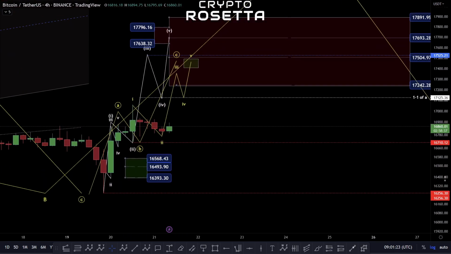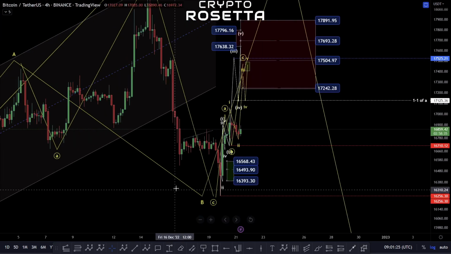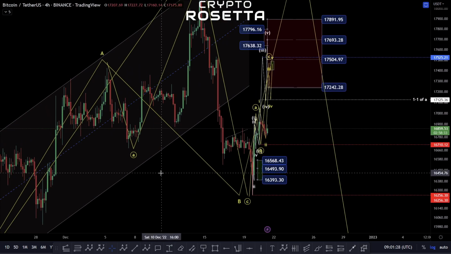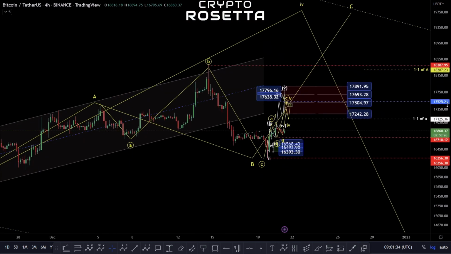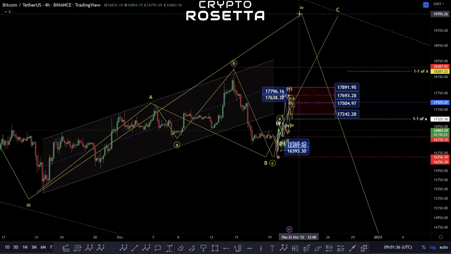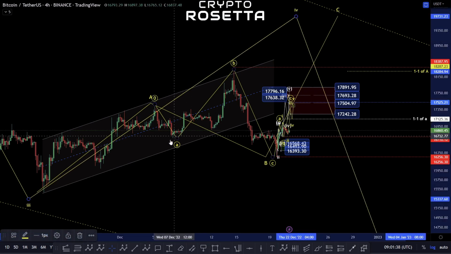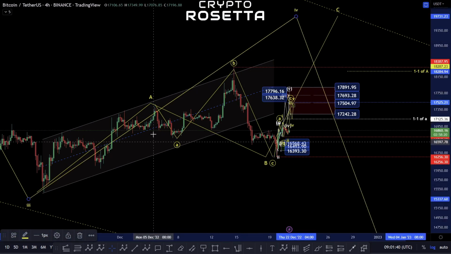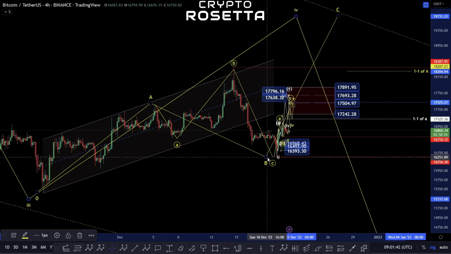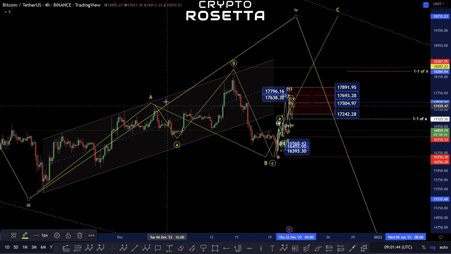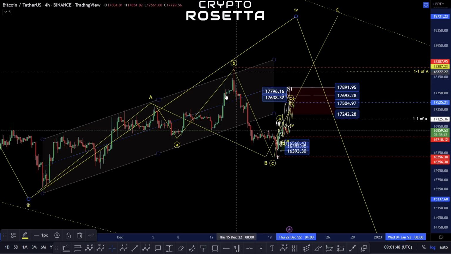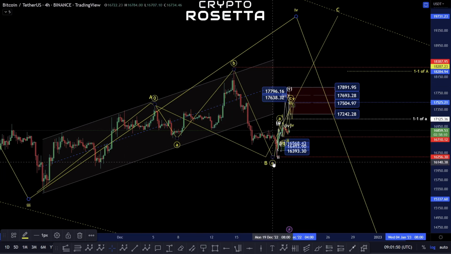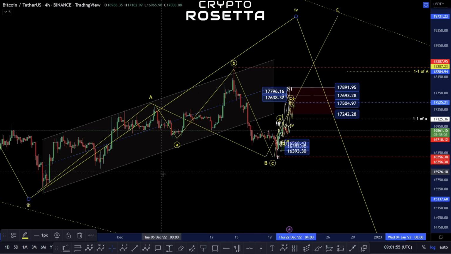So with that being said, we have to just bear in mind that, like I've said before in the previous video, there is potential that we could set up a C wave to the upside here, and we're still within this fourth wave. It's not very likely, and I don't really like counting the structure like this, but it is technically possible. So we could actually be looking at this as a zigzag within this move here, and then we have this breakdown as a C wave, and then we're looking for a push to the upside here.